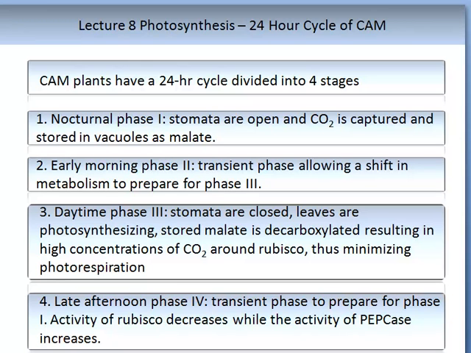Stored malate is decarboxylated, resulting in high concentrations of carbon dioxide around Rubisco, thus minimizing photorespiration and also water loss. And the final phase, phase 4, late afternoon, transient phase to prepare for the phase 1 activity. Rubisco activity decreases while activity of PEPC increases.